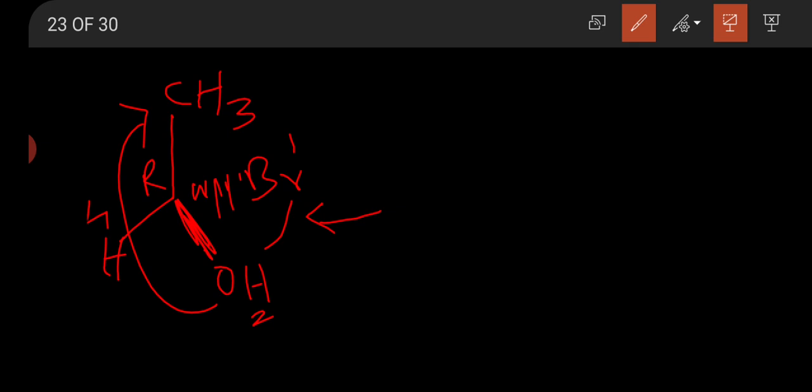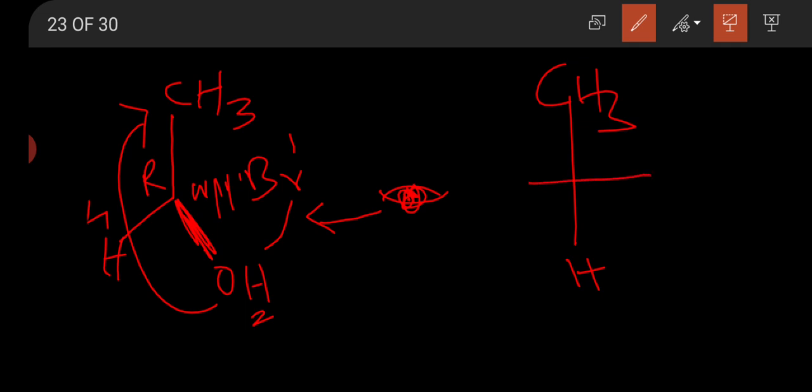The observer, to convert the wedge to Fischer, is also seeing from this direction. Therefore, the top vertical bond is CH3, the bottom is hydrogen, and the right side is Br, the left side is OH.